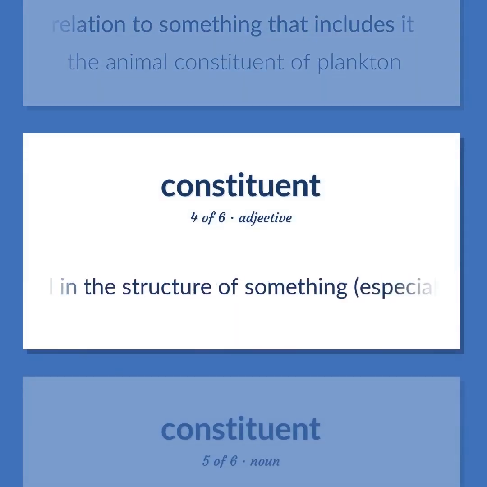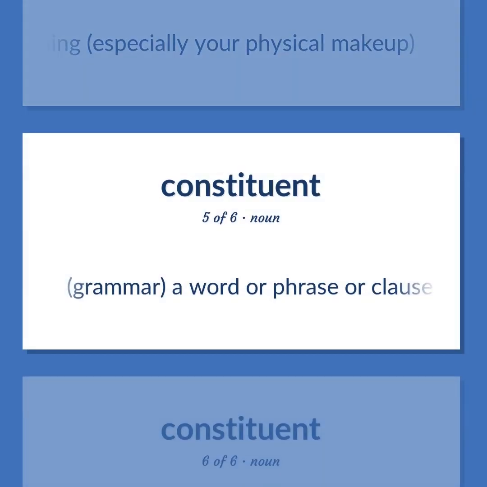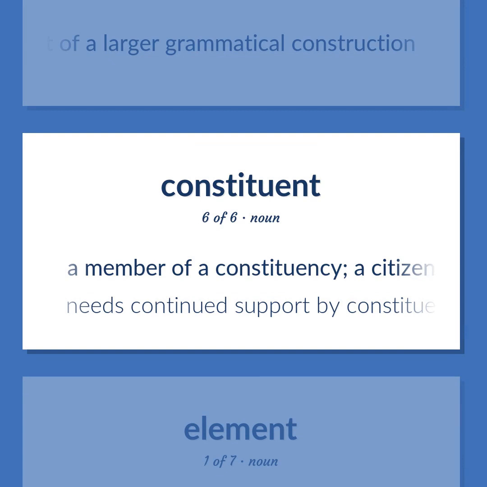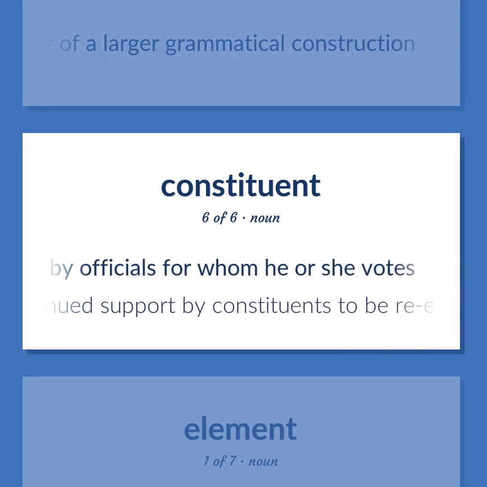Constitutional in the structure of something, especially your physical makeup. Grammar. A word or phrase or clause forming part of a larger grammatical construction. A member of a constituency. A citizen who is represented in a government by officials for whom he or she votes. Needs continued support by constituents to be re-elected.